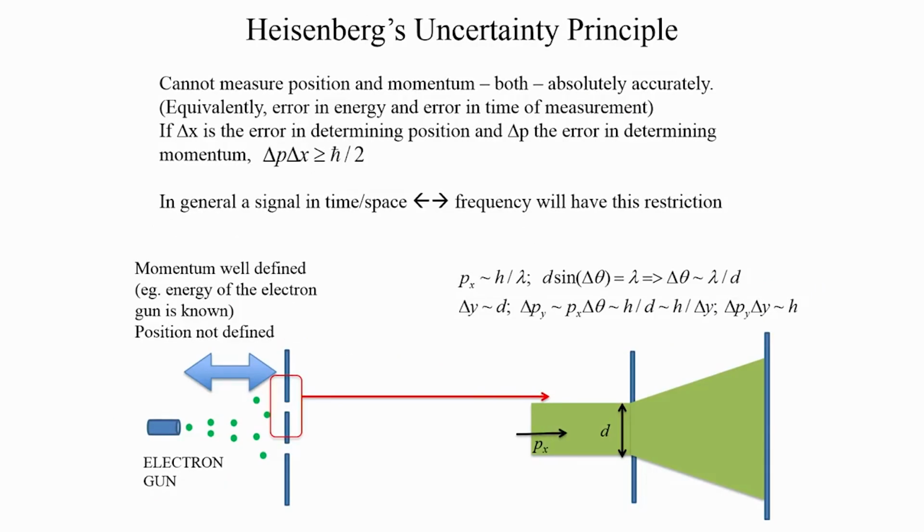Moving on, another key idea in quantum mechanics is something called the Heisenberg's uncertainty principle. The essence of this idea can be very nicely understood by a person who has some experience in signal processing, or who understands the idea of a Fourier transform.